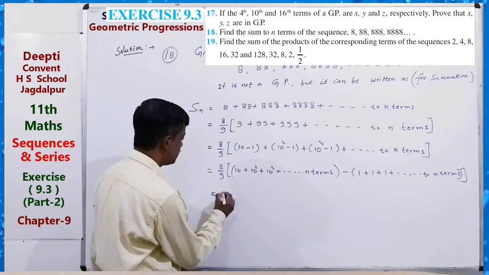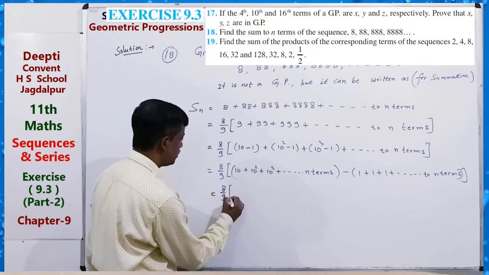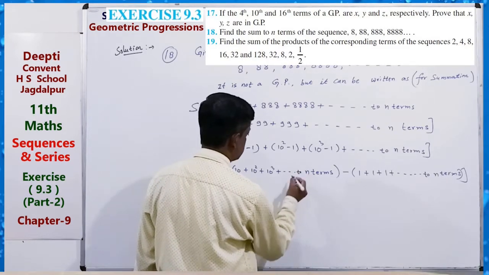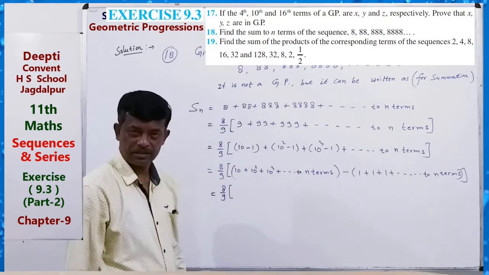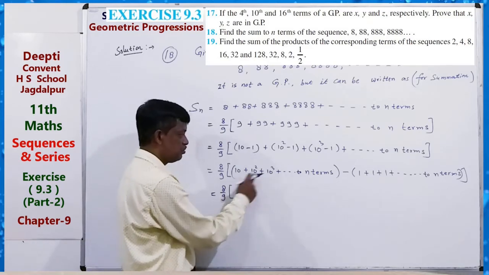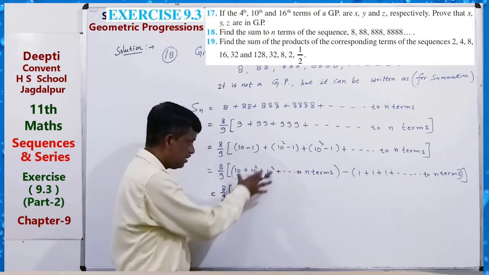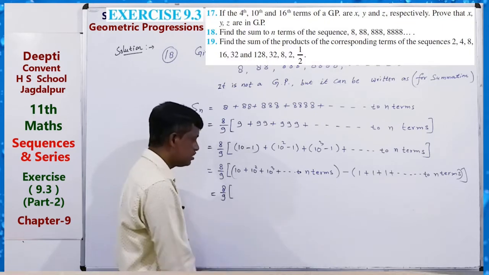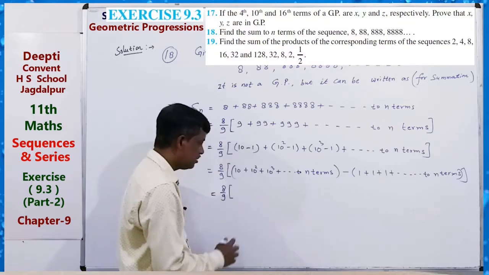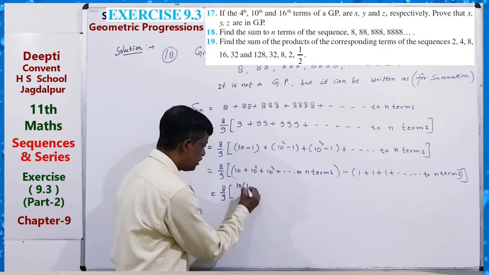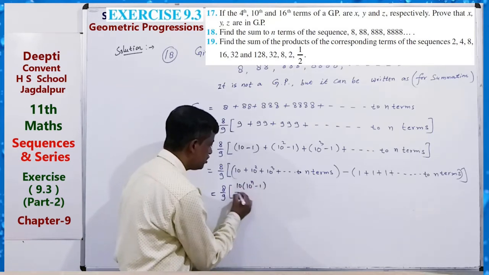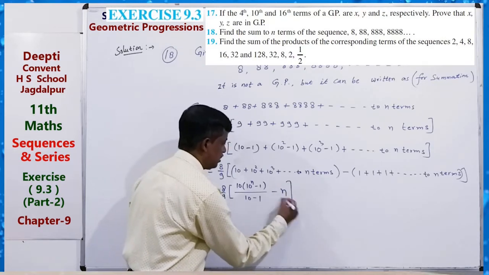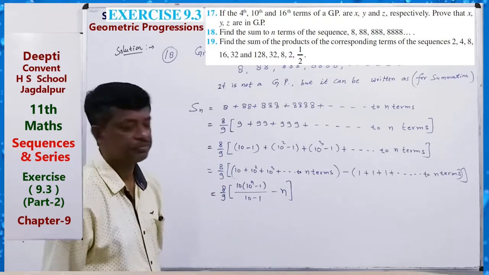So here 8 by 9, this is a geometric series up to n terms. First term is 10 and common ratio is 10. So we can write 10 times 10 power n minus 1 upon 10 minus 1, minus n. So this is the sum.